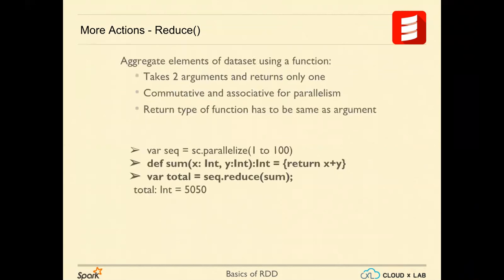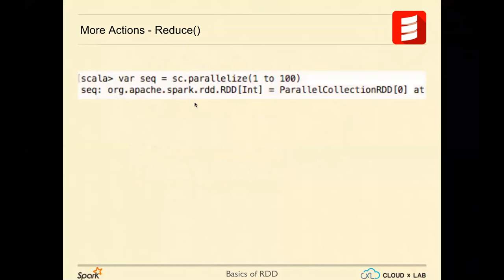Let me take a couple more examples. Here we're computing the total using reduce. In the same way, we can compute max, min, and other things. And there are many things that cannot be done using reduce. Let me give you more examples. This is what's going to happen when we run sc.parallelize.